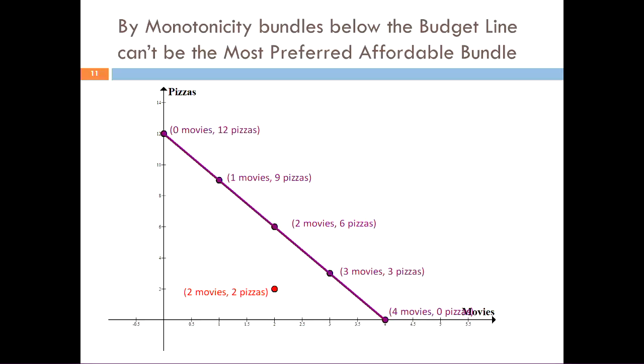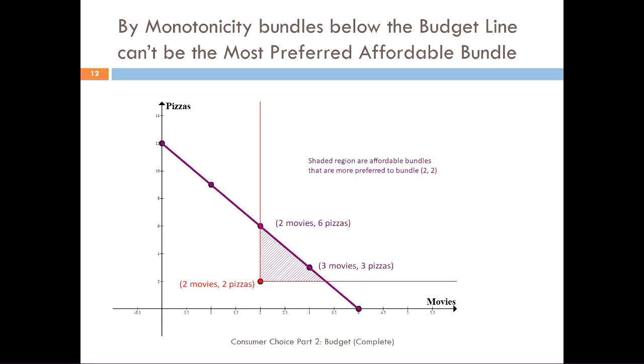And in fact, you know that everything to the northeast of bundle 2-2 will be preferred to bundle 2-2. And look at all these bundles here to the northeast of 2-2. All these bundles in this small triangle, they're all affordable. They're affordable and they're preferred to 2-2.